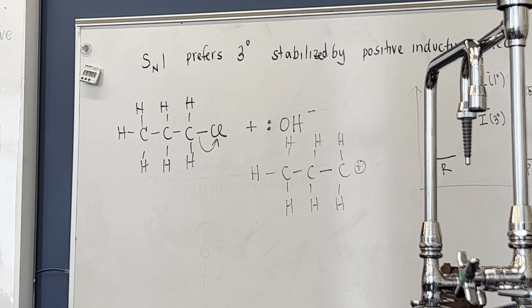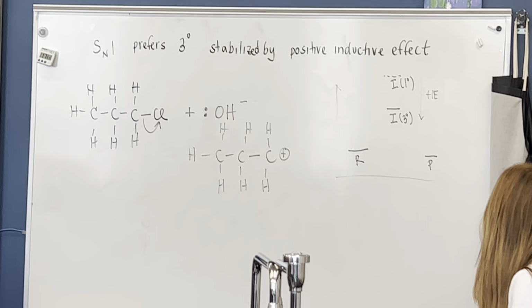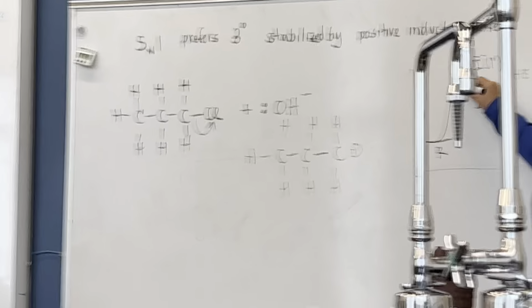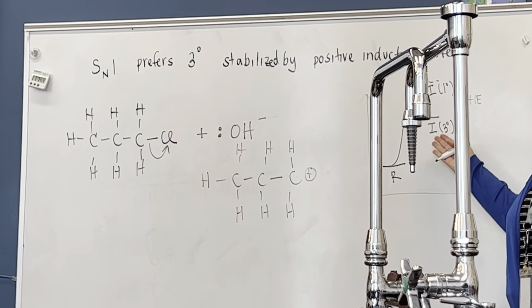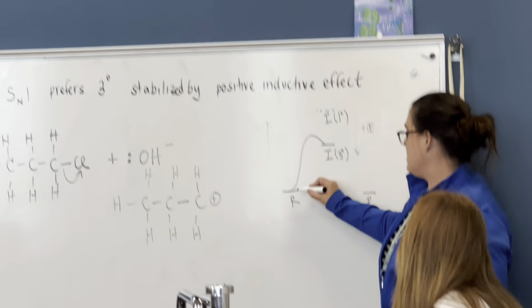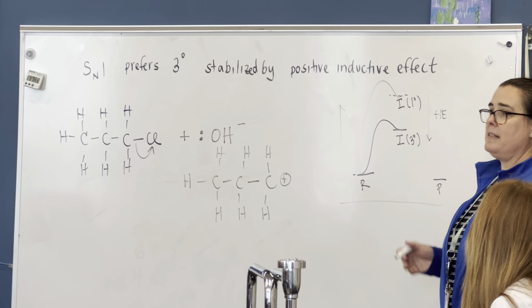Which one's low, which one's high? The tertiary one is going to be low, because we believe that cation is stabilized, since all of those other chains are feeding into it, distributing that positive charge. Whereas the primary is not stabilized.